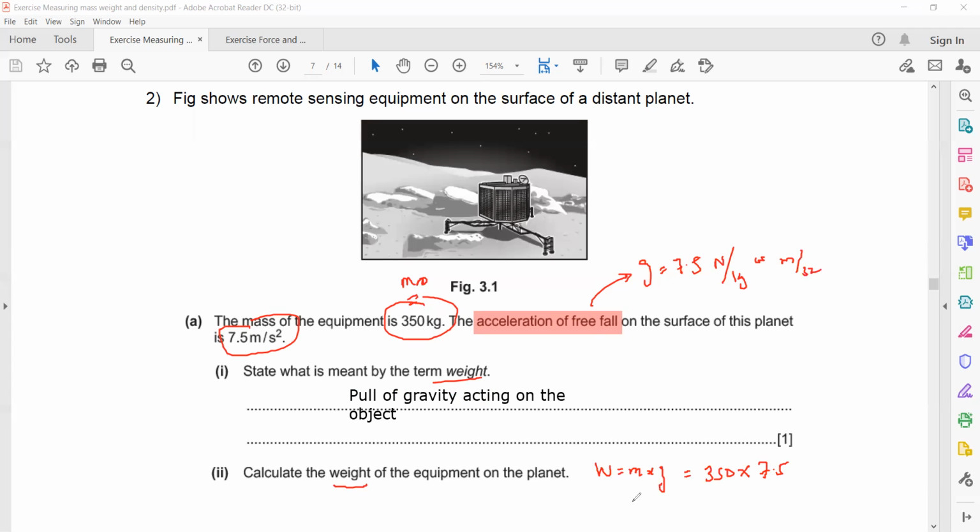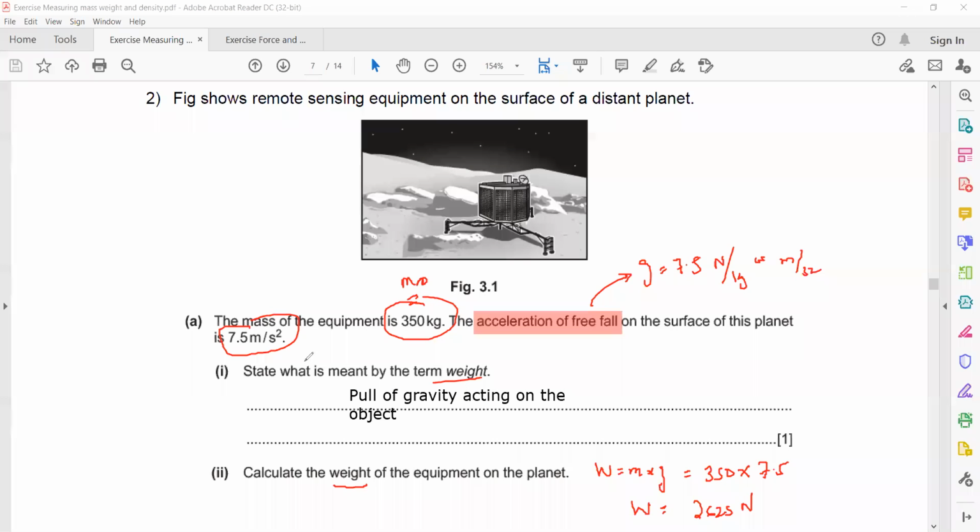What is the weight of the equipment on the planet? 350 multiplied by 7.5 is 2625 newton. So this is 2625 newton. Is it clear?